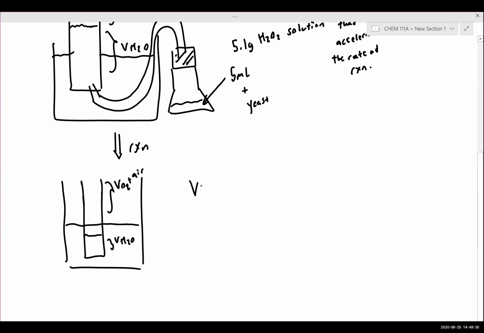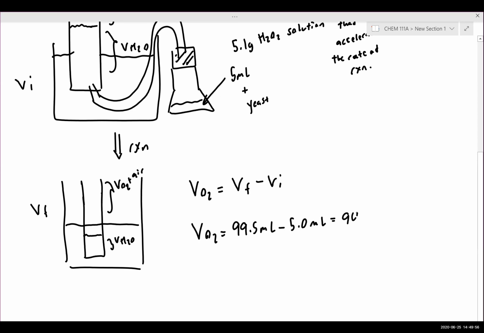From this, we can figure out the volume of oxygen by taking our final volume minus our initial volume. In this case, we measured our final volume experimentally to be about 99.5 milliliters, and our initial volume was 5.0 milliliters, to give us a volume of 94.5 milliliters of oxygen. This is data that we've collected from our lab recording.